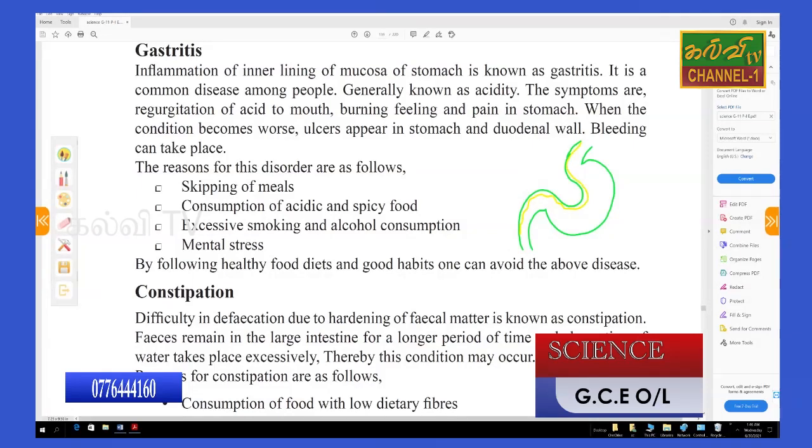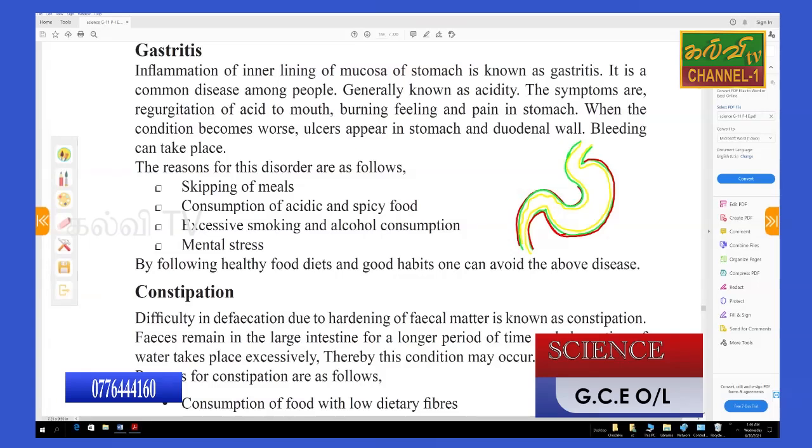The mucous layer mainly helps to prevent damage from the hydrochloric acid, because the acid is not allowed to touch the muscles, because our thickest muscles are here in the stomach.